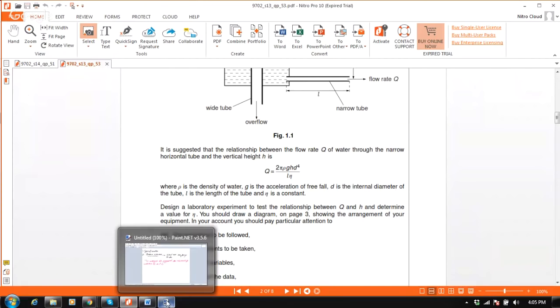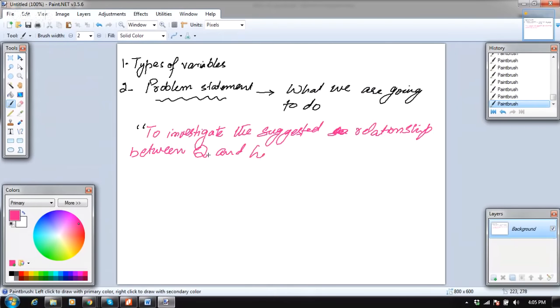So this has two parts. Number one, to check whether the suggested relationship is true or not, and then to find the value of eta. So that is actually the problem statement that we are going to solve. But once you are done with this part, then you move on.